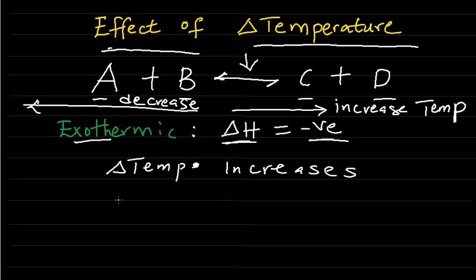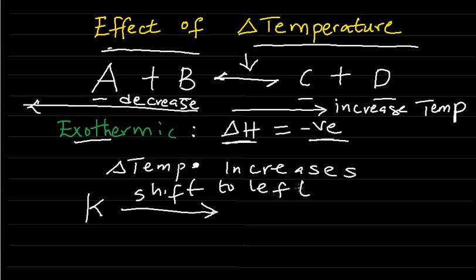That simply means that the equilibrium will shift to the left, because the backward reaction leads to a decrease in temperature. So the equilibrium will shift to the left, and that leads to more production of the reactant.